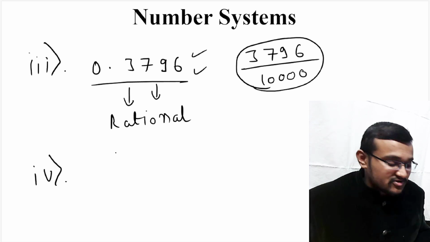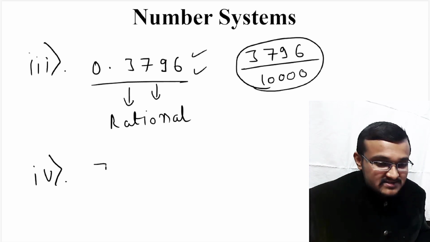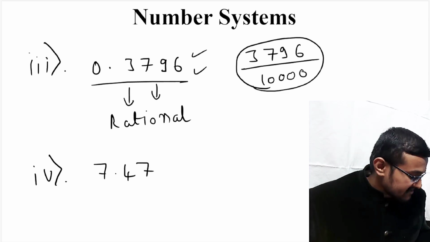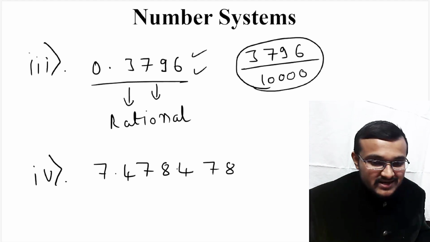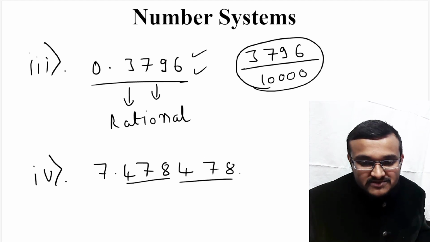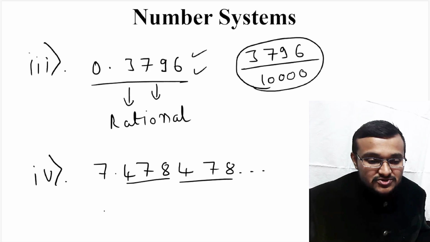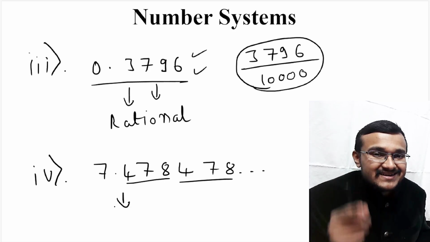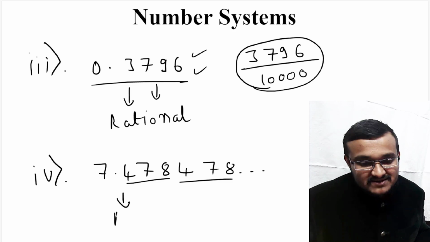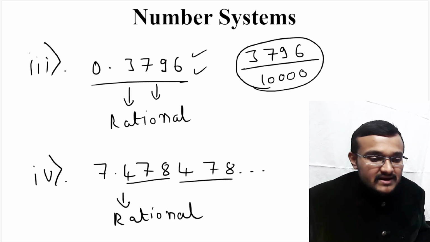Now coming to the fourth question, here you have 7.478478. So here you can clearly see 478, 478, it is repeating. So that means here this is not terminating, but here recurring pattern is there. So that's why this can also be a rational number.